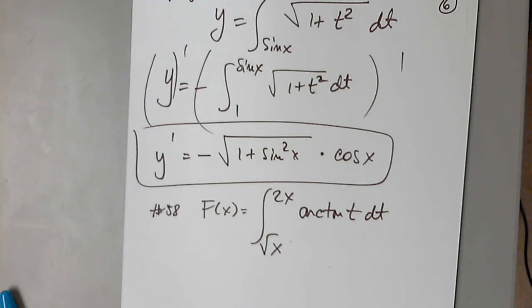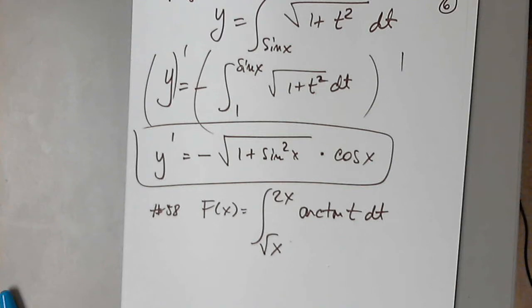Number one, it does not have 1 here. Number two, I cannot have functions as both the lower limit and the upper limit. But the definite integral has a property. The integral from 1 to 5 is the integral from 1 to 2 plus the integral from 2 to 5. So I need to split this integral.